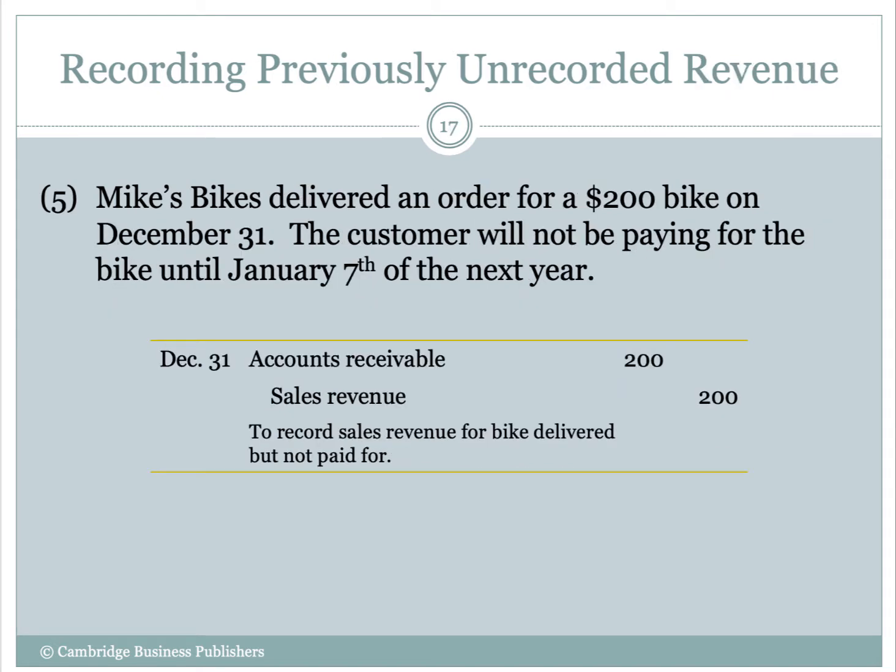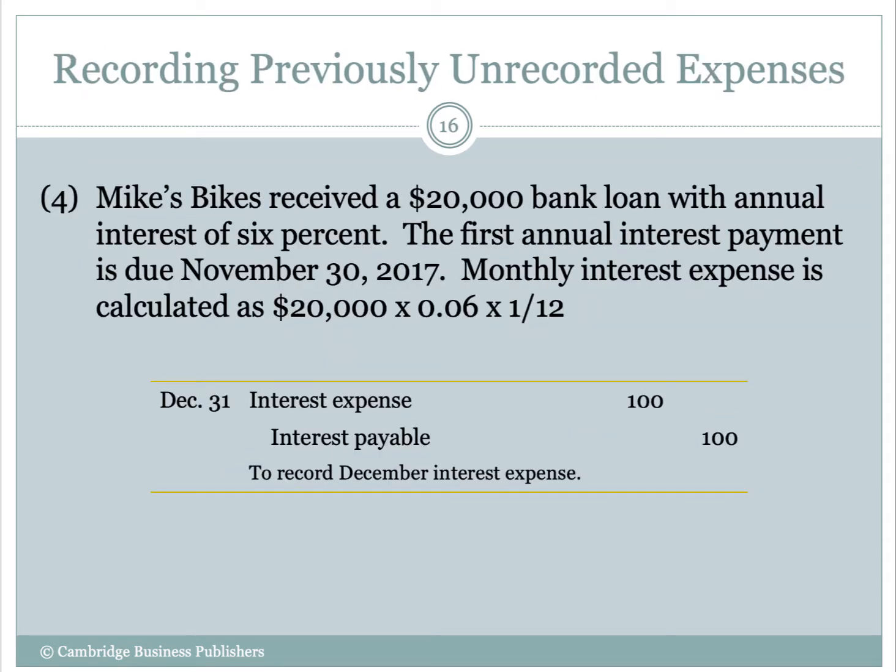So let's pump the brakes here. There's another example of an unrecorded expense that you will see: salaries and wages payable, right? Just like the previous example we gave in our last video. It's December 31st.